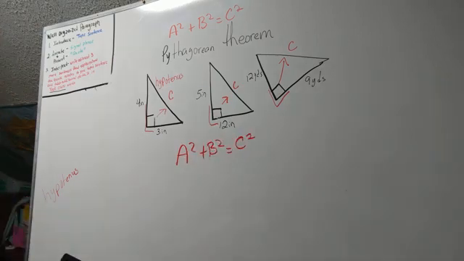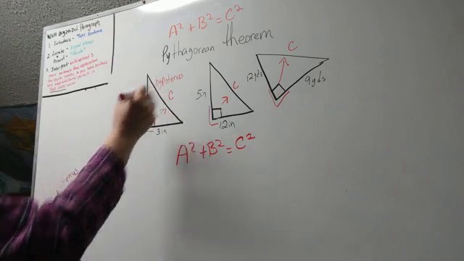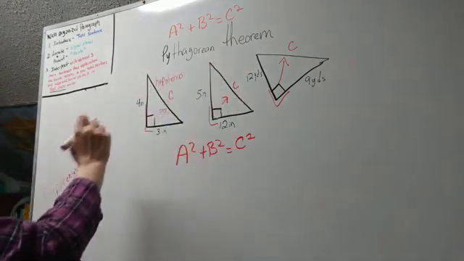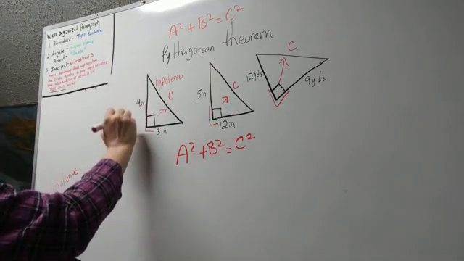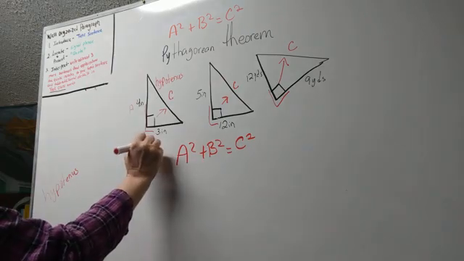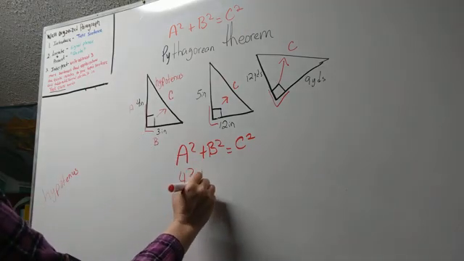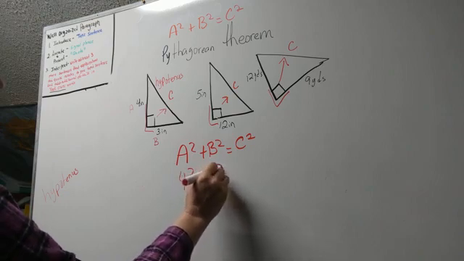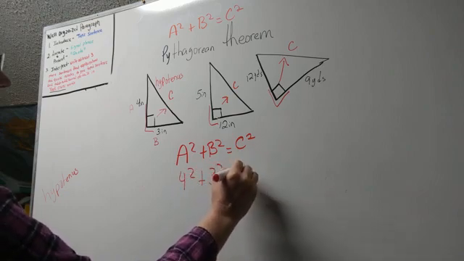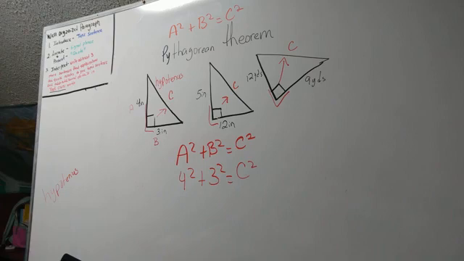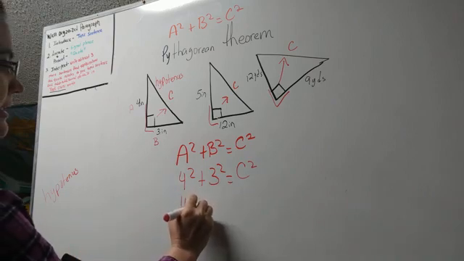Okay? So here we have our two sides. We don't know what C is on any of these ones. But we do have our two sides. So we're going to label this one A and this one B. Okay? So if I say 4 squared plus 3 squared is going to equal C squared. Okay? I don't know the C. So 4 squared is 16 and 3 squared is 9.